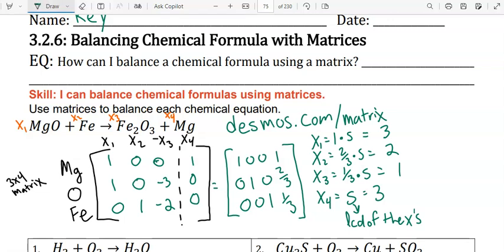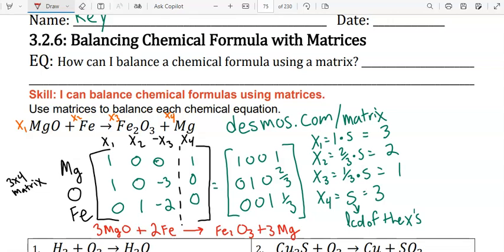So your balanced chemical formula should be 3 MgO plus 2 Fe is equivalent to 1 Fe2O3 plus 3 Mg. Now, just like regular coefficients, you don't have to write this 1 right here.